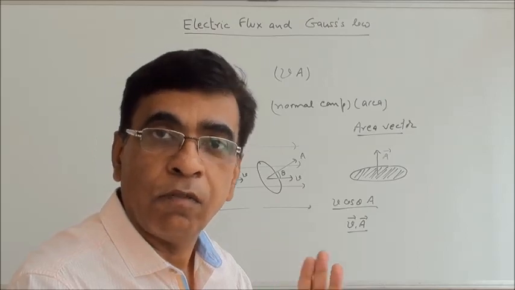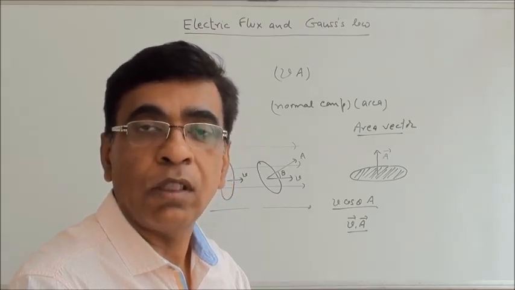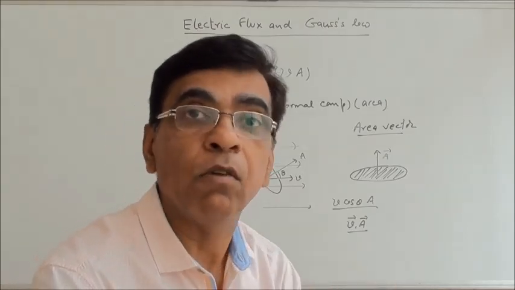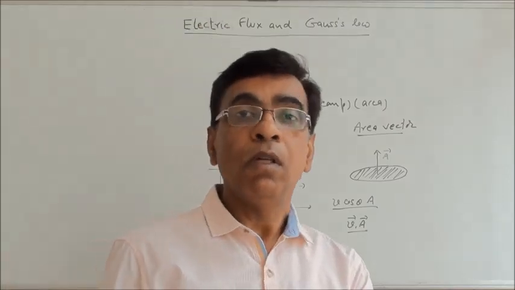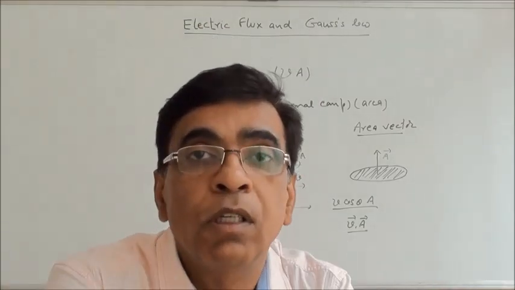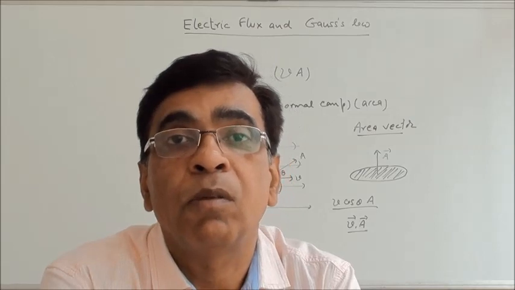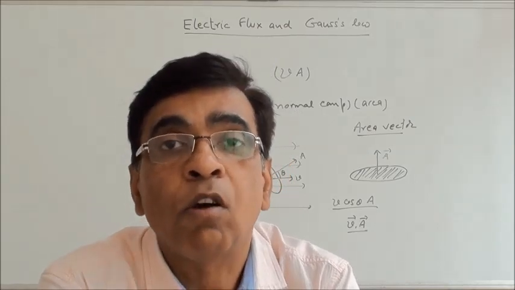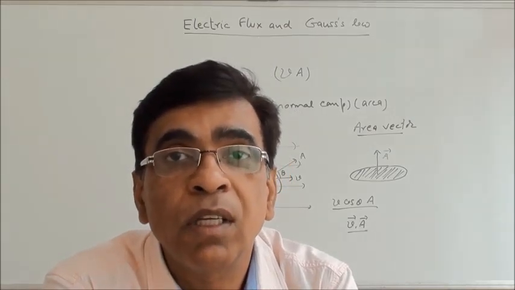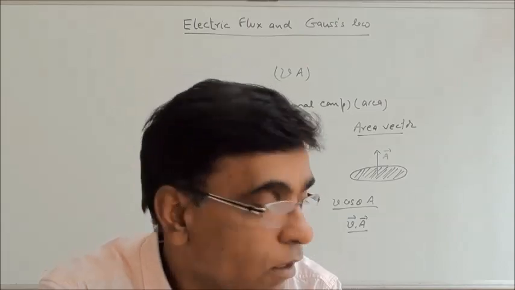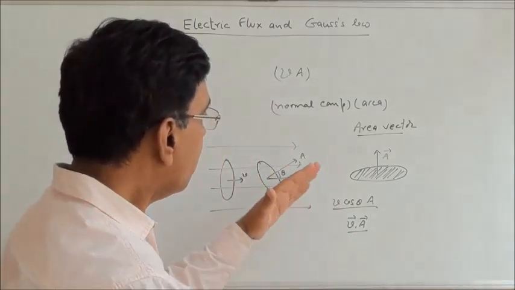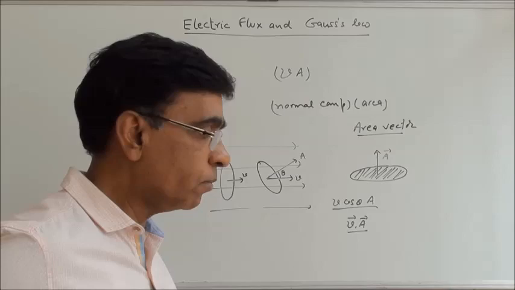Flux of velocity: normal component of velocity, taken perpendicular to the surface, into area. Normal component of electric field into area will be the electric flux. Normal component of magnetic field into area will be the magnetic flux. In case of liquid, something is flowing.